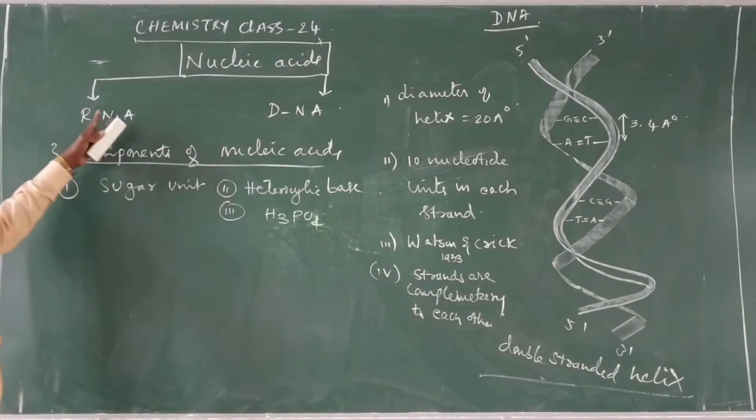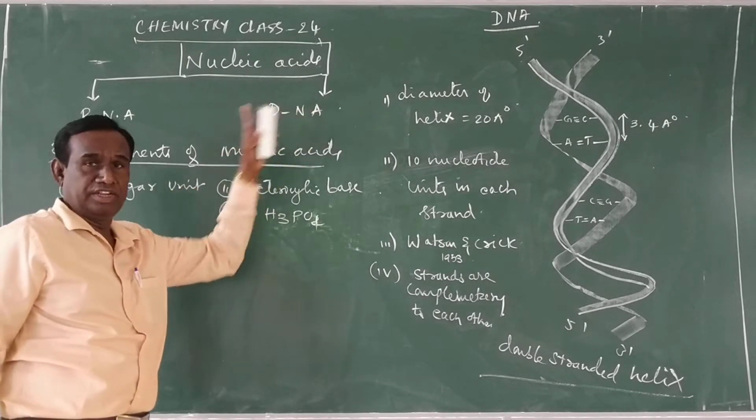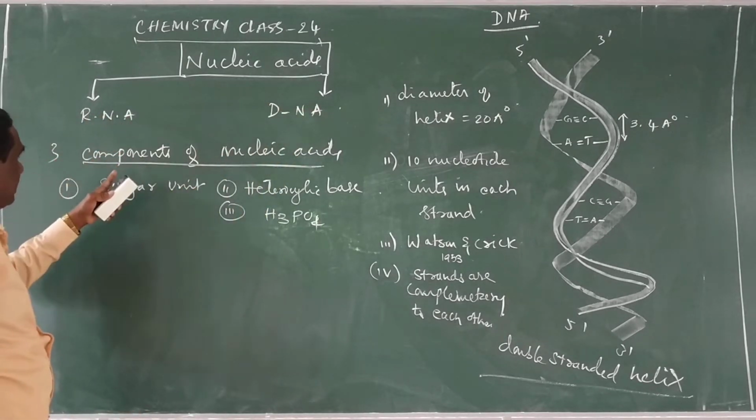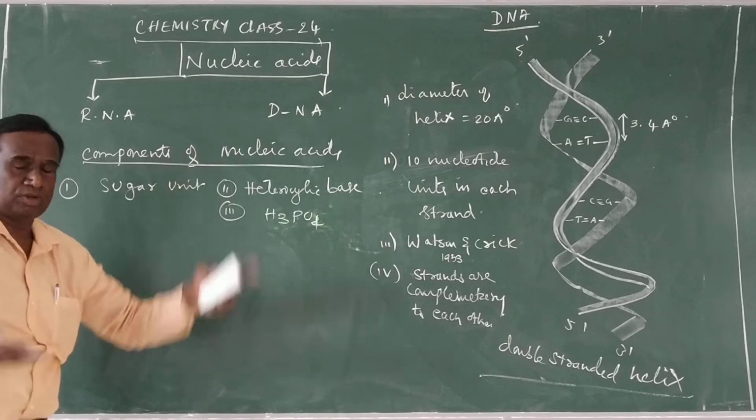Which is the sugar unit present in RNA? Which is the sugar unit present in DNA? Both RNA and DNA contain a sugar unit, a heterocyclic base, and phosphoric acid.